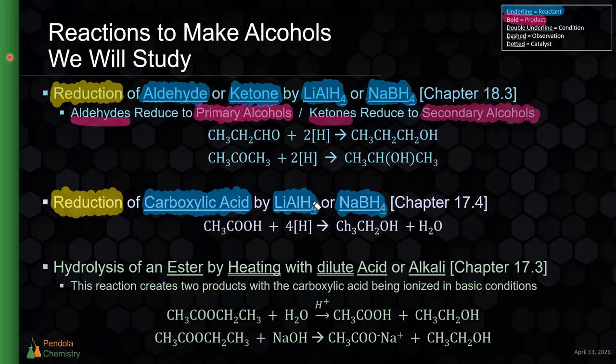We're going to reduce these carboxylic acids into an alcohol as well. So for example, if we reduce something like ethanoic acid, CH3COOH, with our reducing agent, we will get an alcohol, in this case ethanol, and water. And again, we'll look at this in section 4 of this same chapter 17.